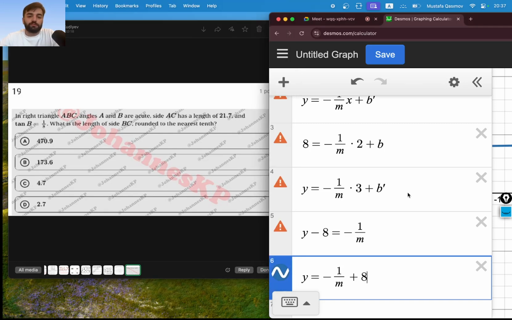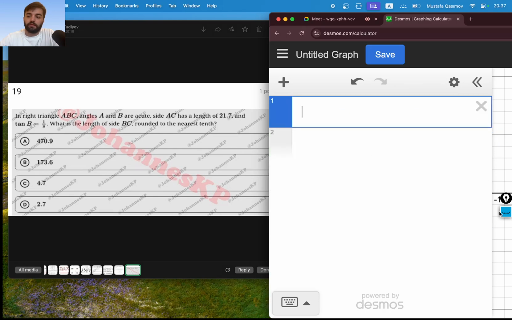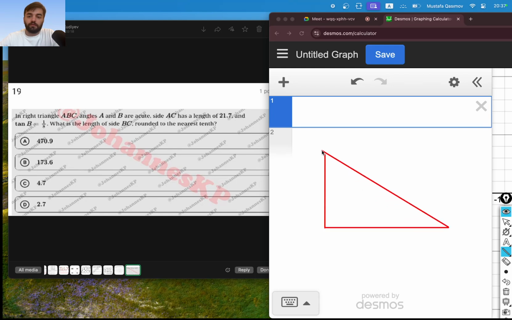And this question. A and B are acute, so it will be like that, and it is C. And tangent B is equal to 1 over 8, so it means that it is x, and it is 8x.